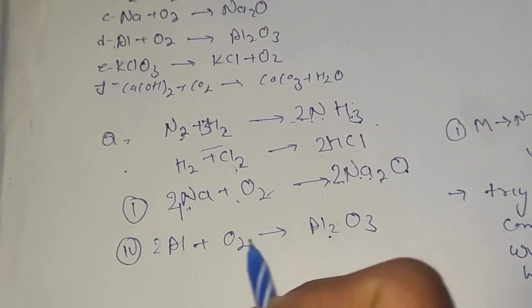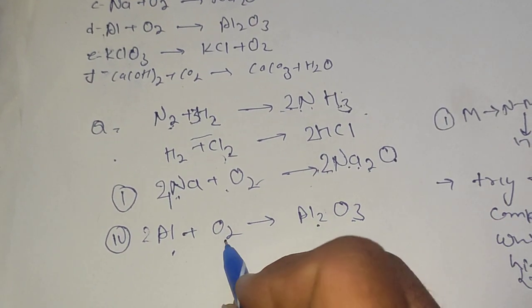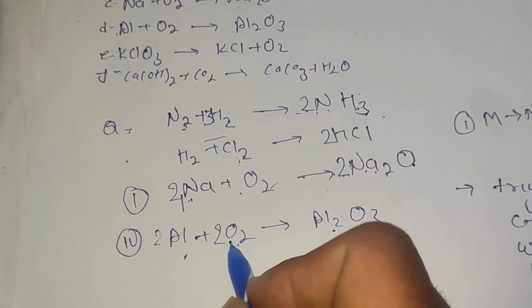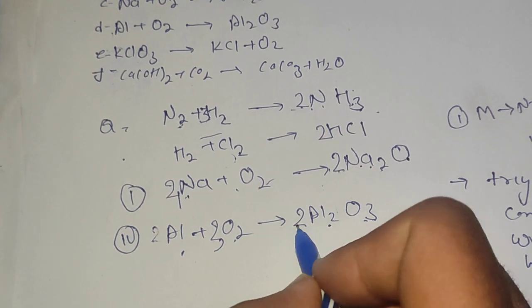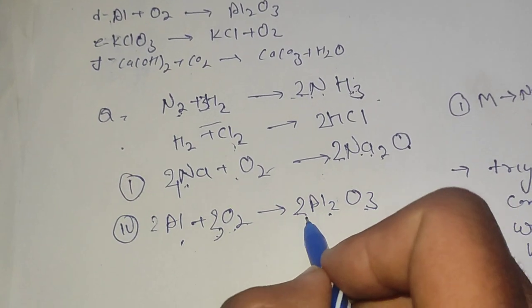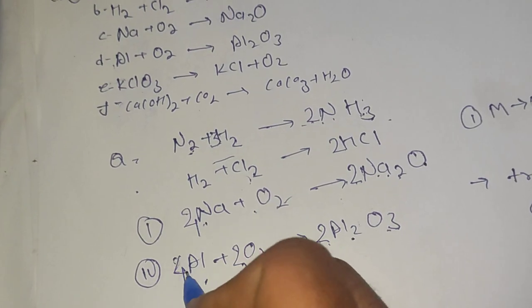All aluminium is balanced. Now oxygen is 3 here, oxygen is 2 here. I multiply with the 2, no change, so I multiply with the 3 and the 2, so the oxygen is 6 and here oxygen is 6. But aluminium is 4 here, and 2 there, so again multiply and this becomes 4.